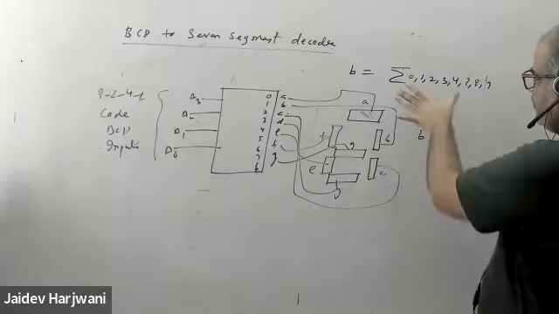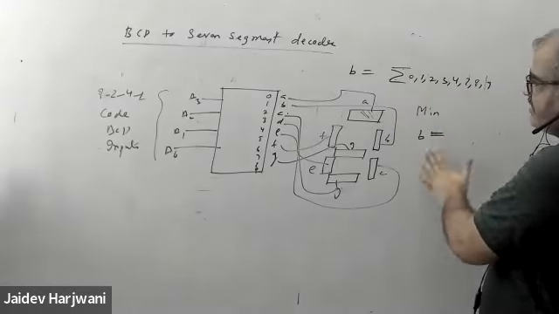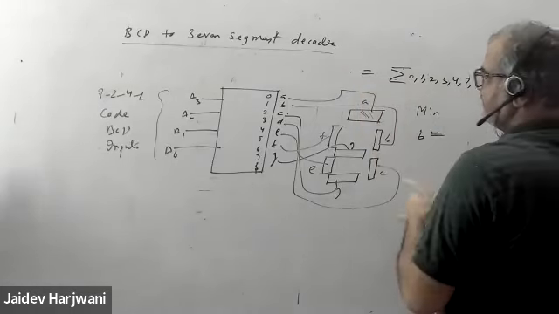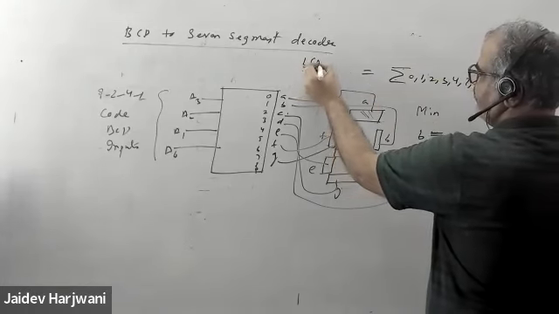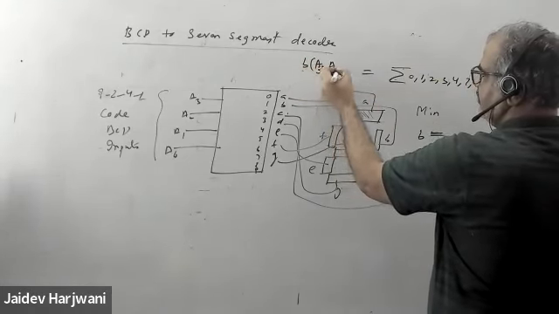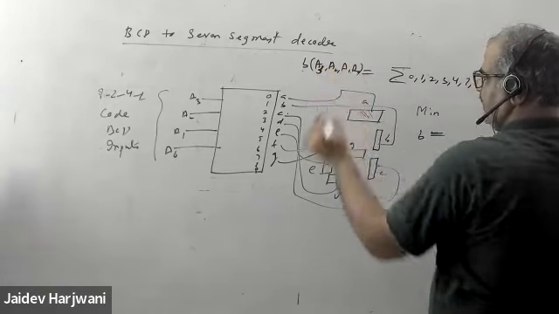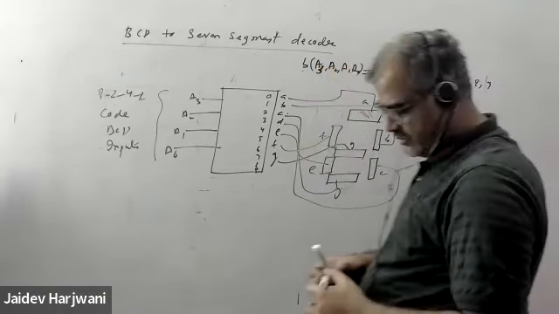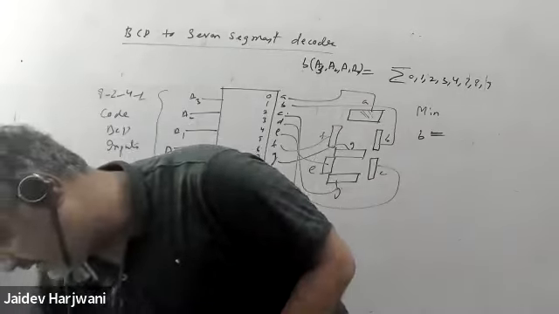Now you have this B. Minimize it. B is a function of 4 variables: A3, A2, A1, A0. Now you solve the K map. I'm giving you the answer, and I'll discuss it tomorrow.